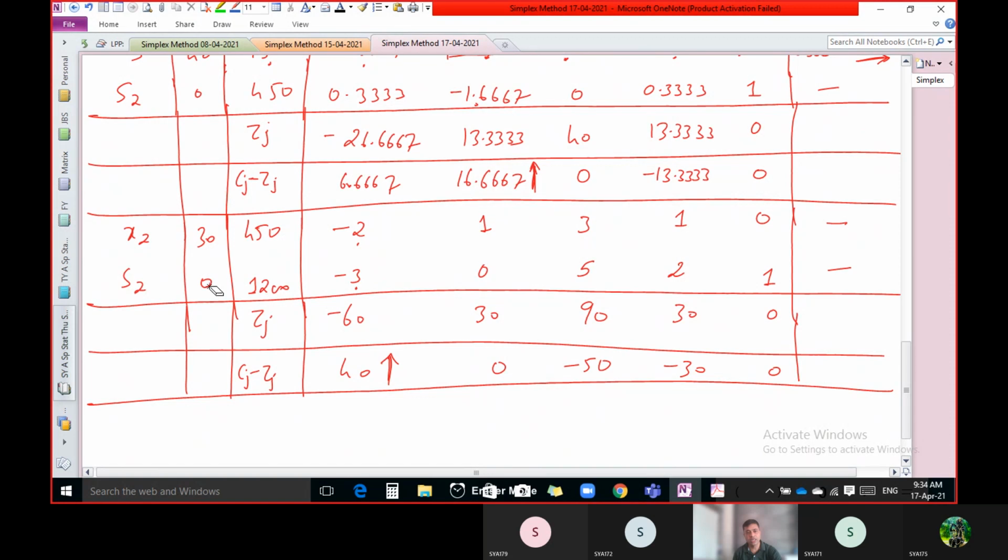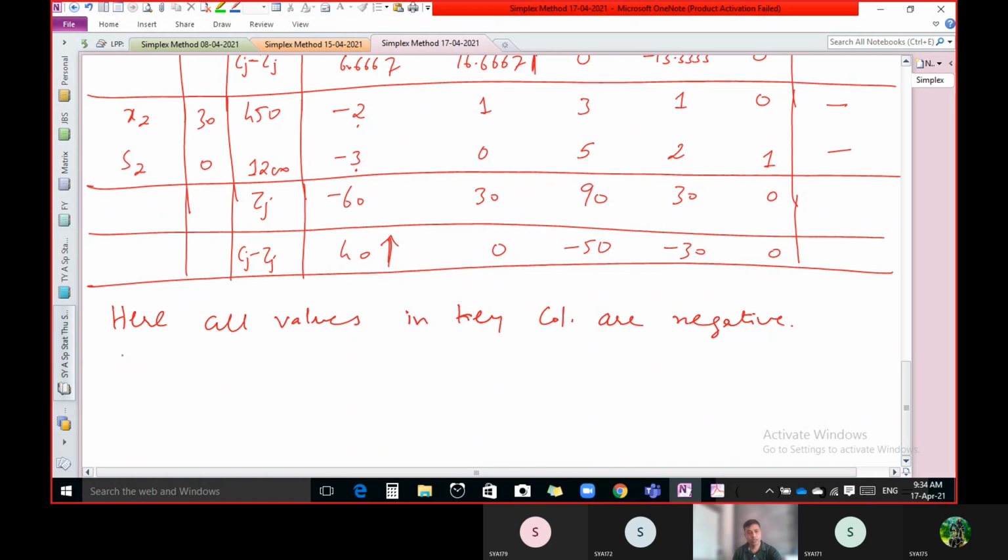So we have to write only one sentence, because here all the values in the key column are negative, so it is not possible to decide which variable will leave the basis.